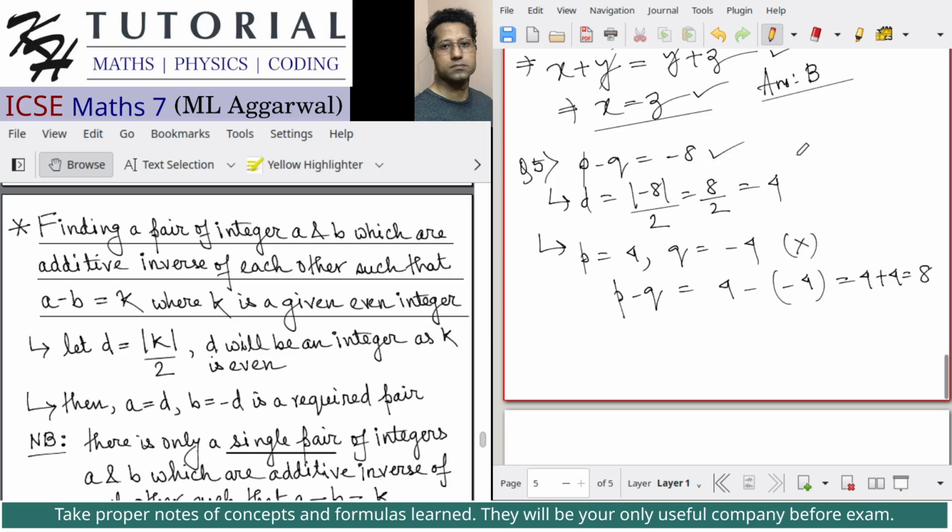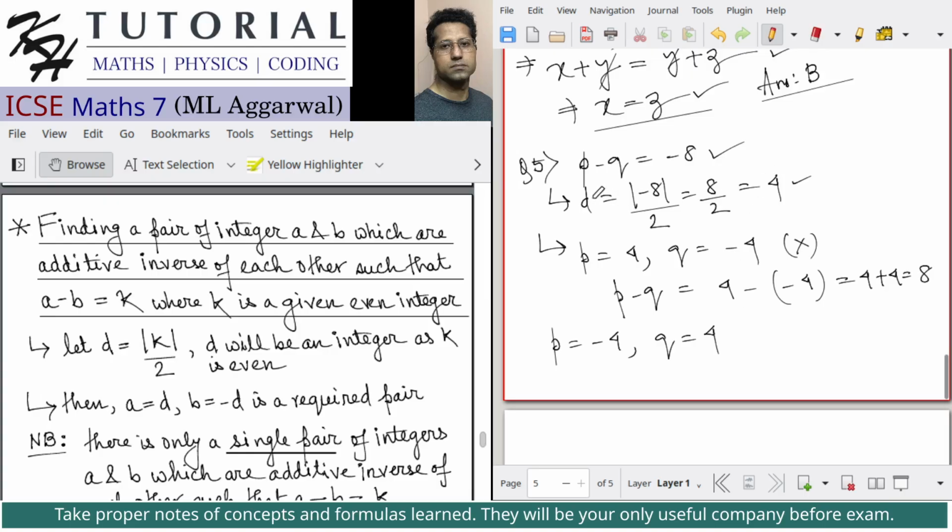You have to manually check whether from d, that is from 4, you will assign p to 4 or q to 4. In this problem, p will be equal to minus 4 and q will be equal to 4. Then you will see that p minus q is coming out to be minus 8.